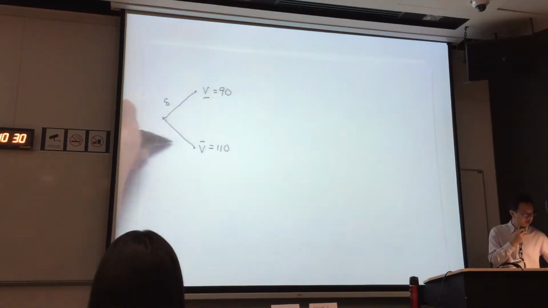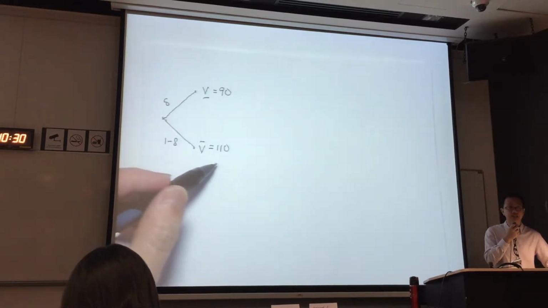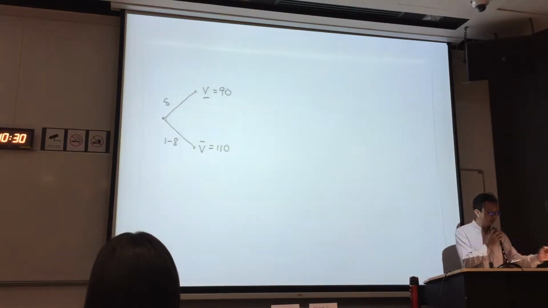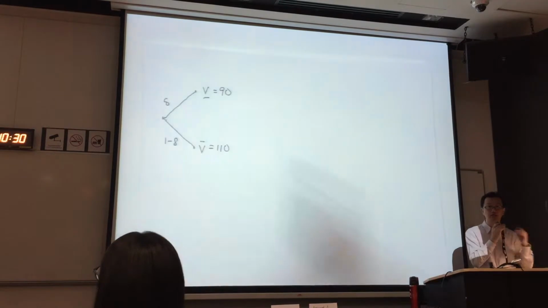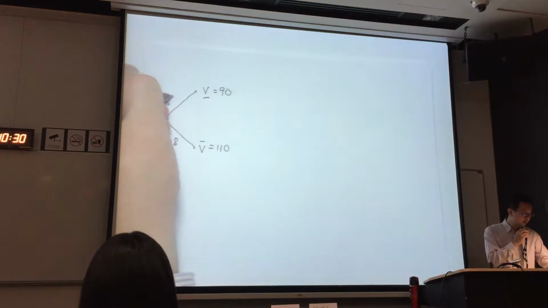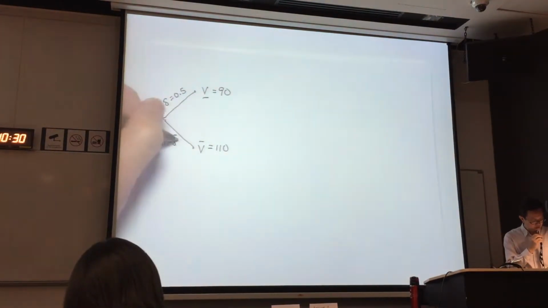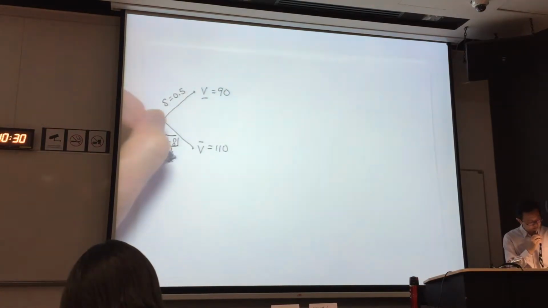Then this 1 minus theta is the remaining probability, for the value of 110. So what is the probability that the value is 90? If you look at the question, it says the asset could be worth 110 or 90, each equally likely. So this is 50%, and likewise, this is also 50%.